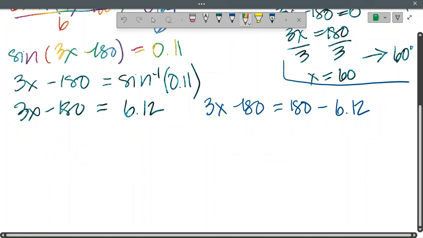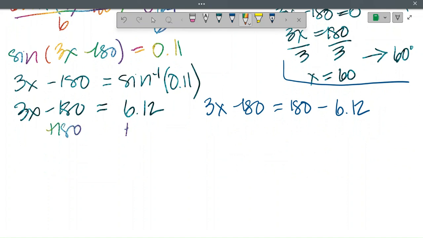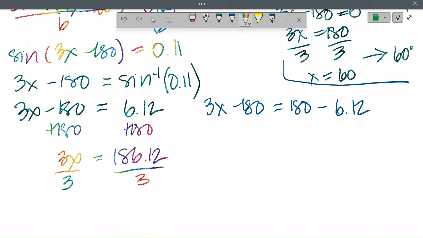So I'm going to add 180 degrees to both sides. When I do that, I get 3x equals 186.12 degrees. And then I'm going to isolate x by dividing by 3. When I do that, I end up with 62.04 degrees, and this is one of my answers.